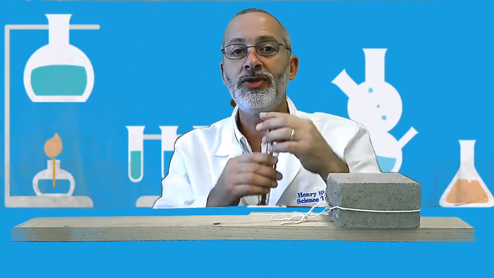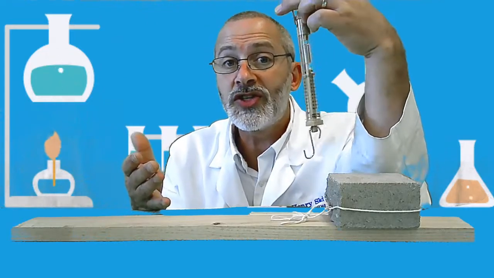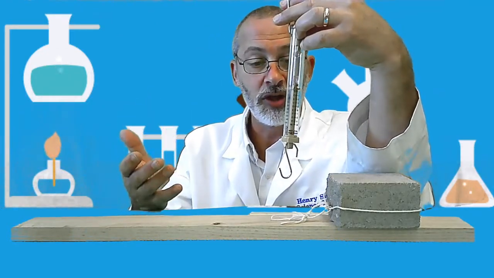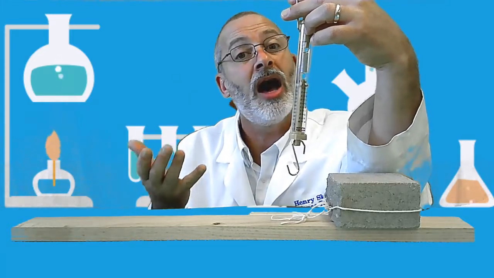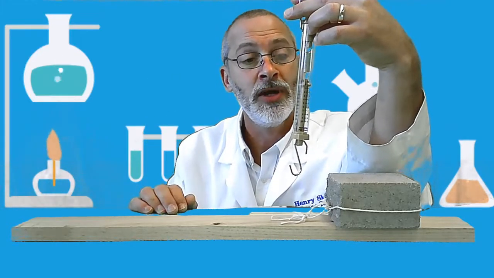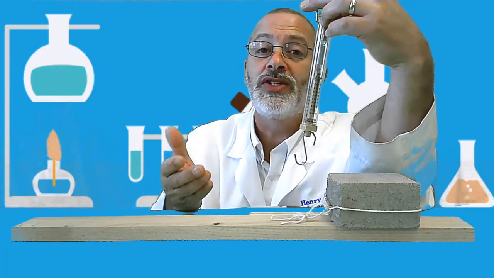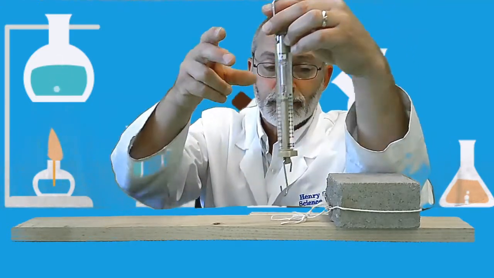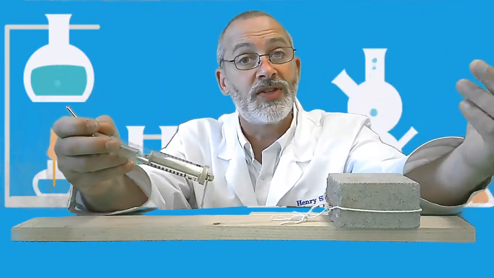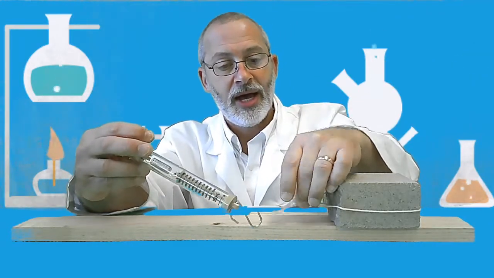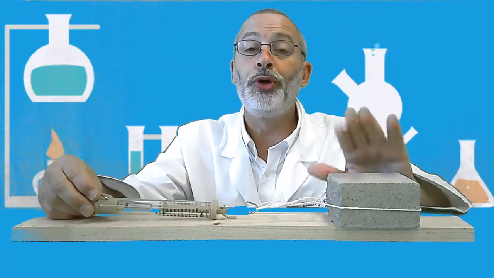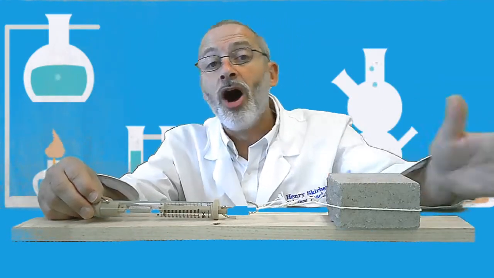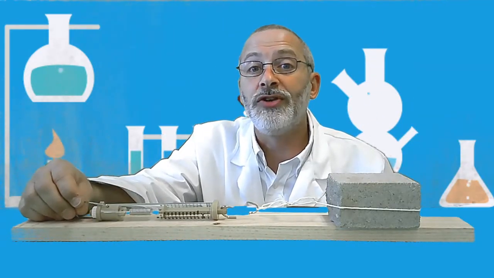Remember, newtons are a measure of force, and this measure of force is how much gravity is pulling down on an object. Right now, we're going to be using this spring scale to measure forces in newtons of how much force is required to pull this brick across this flat piece of wood.